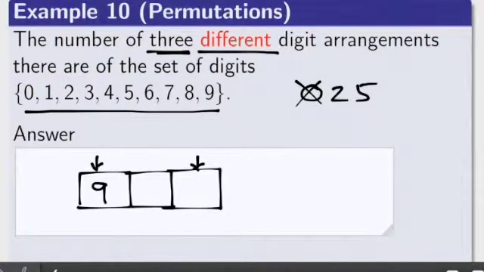For the second box, once we've chosen a digit into the first box, we are left with 9 digits. So for the second box, we have 9 choices. And for the third box, once we've chosen 2 digits, we're left with 8 choices. So the number of permutations is 9 squared times 8.